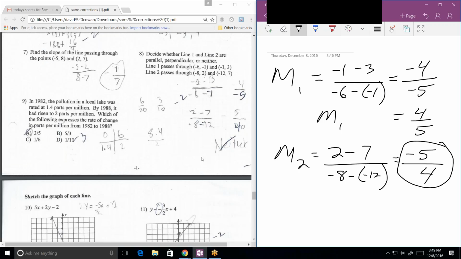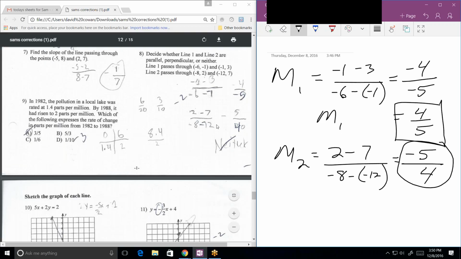Now, are the lines parallel, perpendicular, or neither? They are perpendicular. Yes, perpendicular. Absolutely, because the slope of one line is the negative reciprocal of the slope of the other. So the only reason you missed this problem wasn't that you didn't understand it. You understood it perfectly.